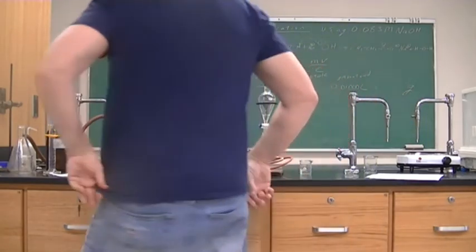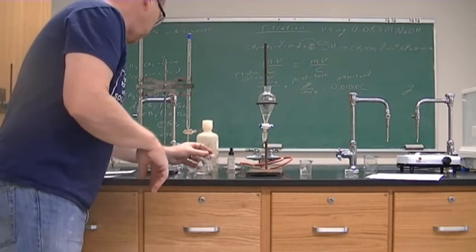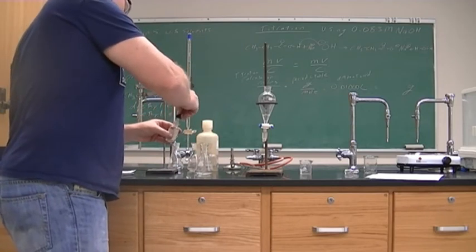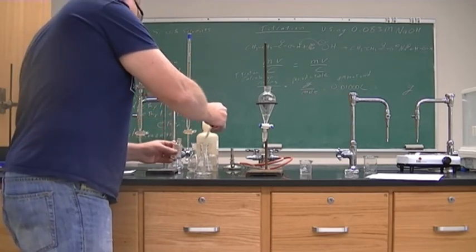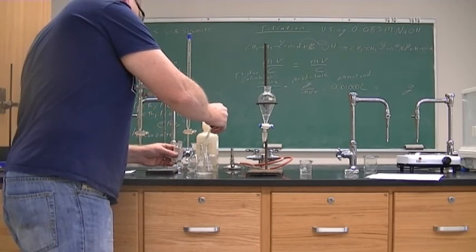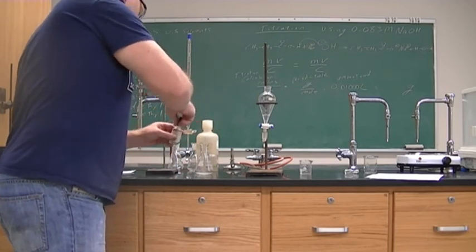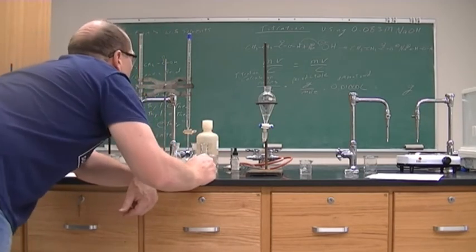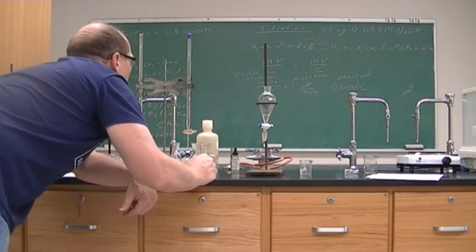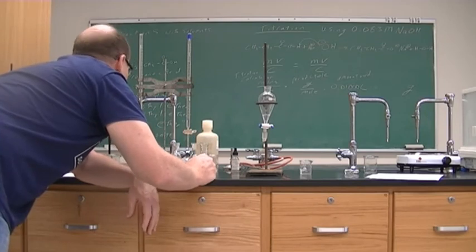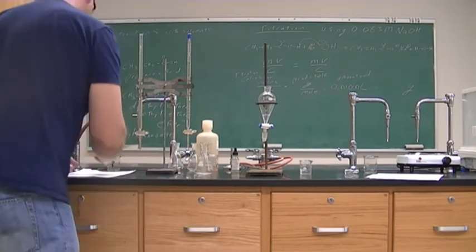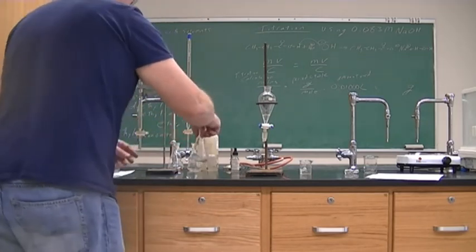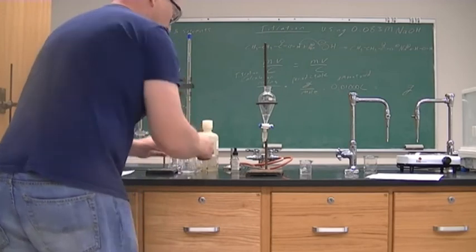So now we're ready to do our titration. We'll add our 4 or 5 drops of phenolphthalein. We are at 6.10, yes, 6.10, so that's where we're going to start.